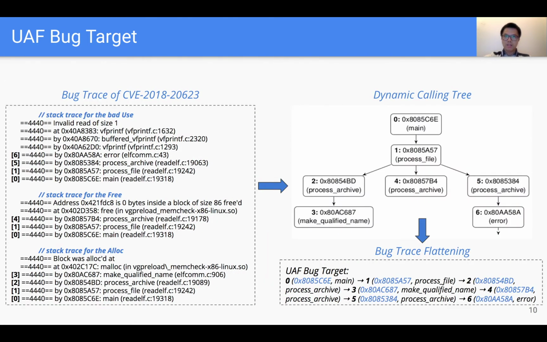Unlike existing approaches, we need to take into account the relationship among targets to improve the reachability. To facilitate our further analysis, we first merge the stack traces in the figure on the left-hand side to recreate a dynamic calling tree, and then we perform a pre-order traversal of this tree to generate a bug trace as our target.